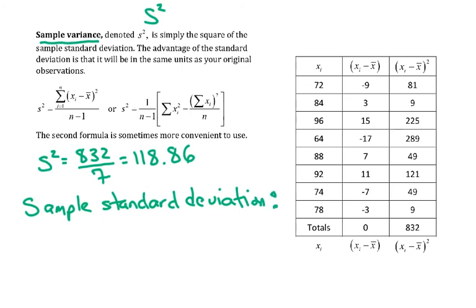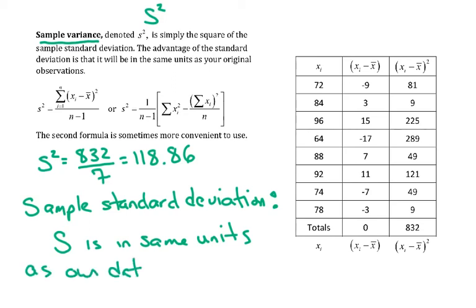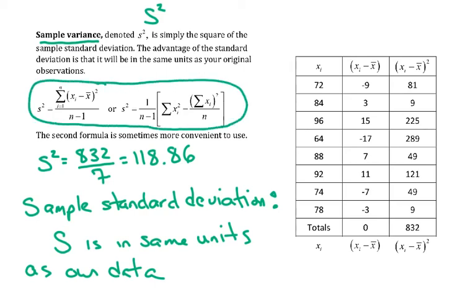Because we took the square root, S is in the same units as our data. Sample variance and population variance are used more in further analysis of your data. You do analysis of variance.